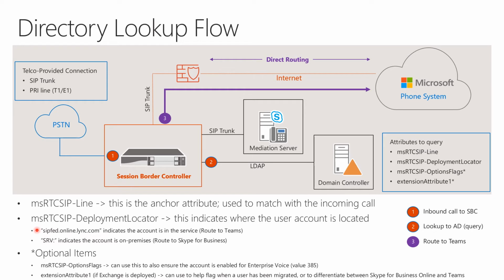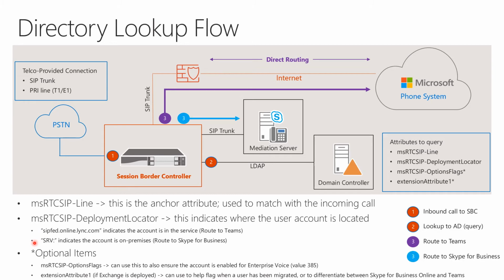Maybe the next call that comes in is for 949-555-1001. That's Alice, right? Maybe I haven't migrated Alice yet. So again, that call comes in, we do our LDAP query, I anchor it and match it to Alice, and now I say, let me look at Alice's account, and let me see what Alice's account has for deployment locator. Oh, Alice's account has SRV.